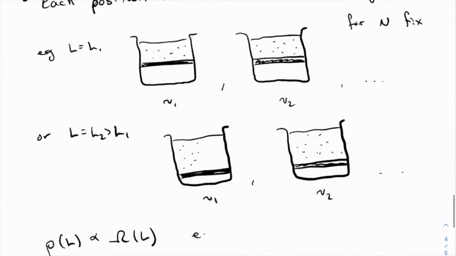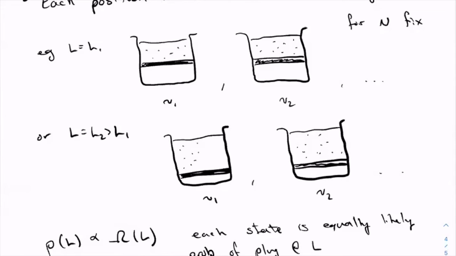So because each state is equally likely from our fundamental postulate, the probability we find the plug at L is just proportional to the number of ways that I can have that specific state of the system, that L state of the system.